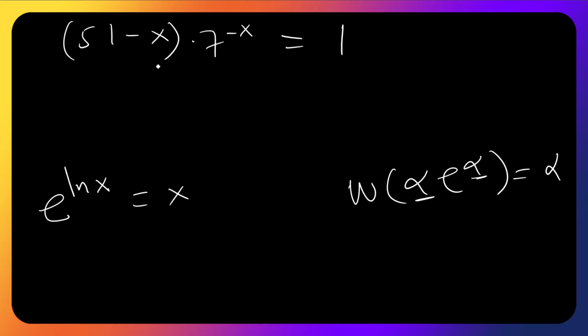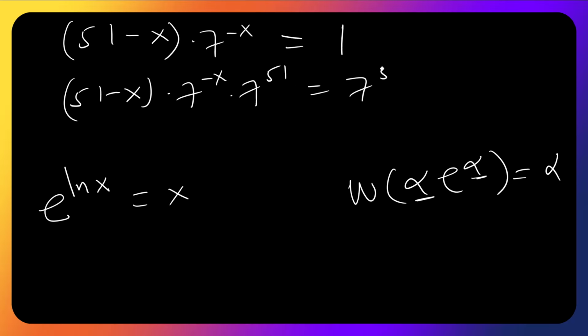So we have 51 minus x. Let's build something here. That will be 51 minus x. So what I will do is multiply both sides by 7 to the power 51, because I'll perform indices here. So 51 minus x times 7 to the power minus x times 7 to the power 51 equals 7 to the power 51.